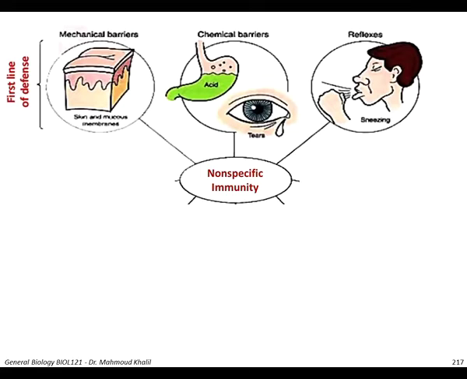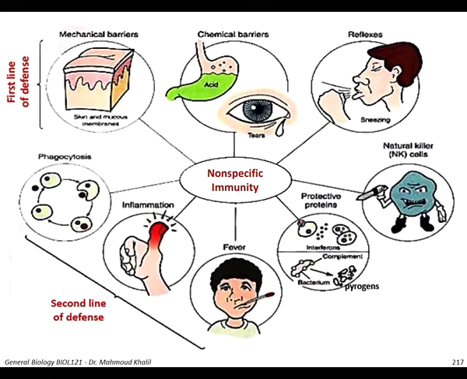So you can see here a summary of the non-specific immunity. We have the first line of defense. You can see the mechanical barriers, the acidity of the stomach and the tears, the sneezing, and saliva as well expel a lot of pathogen. For the second line of defense, you have phagocytosis, which is done by, as we said, the three different types of the immune system.